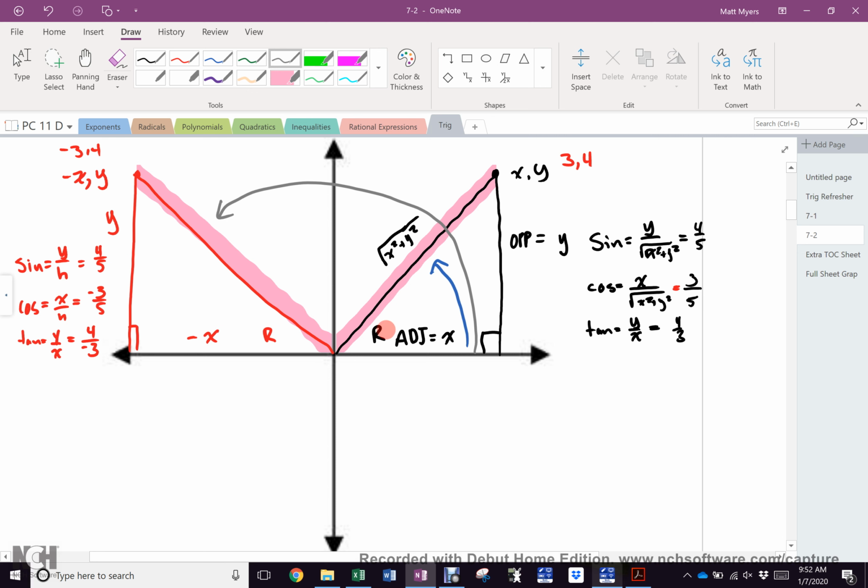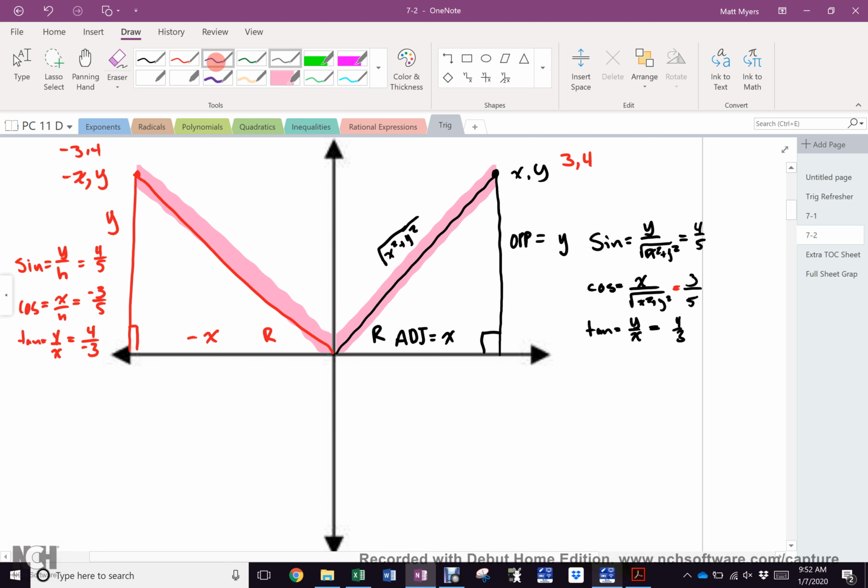If this R has this sign, and this R is this blue theta, this R has the same sign, but this R is gray theta. What do you now know about gray theta and blue theta's sign values? They're the same. Good.